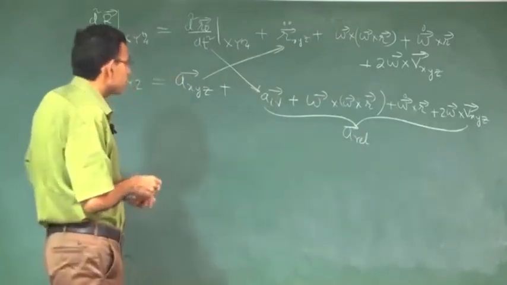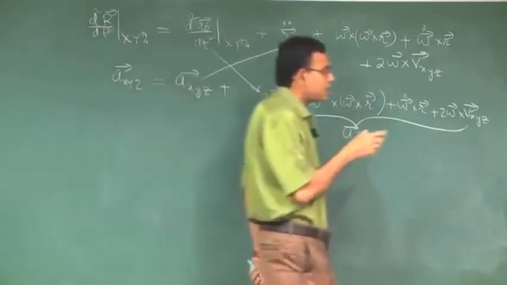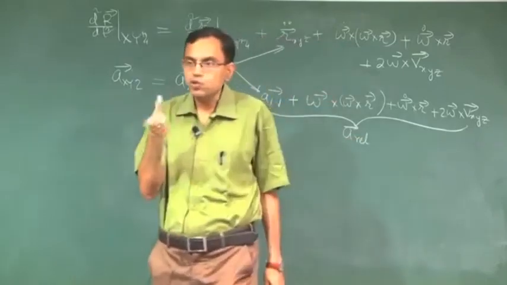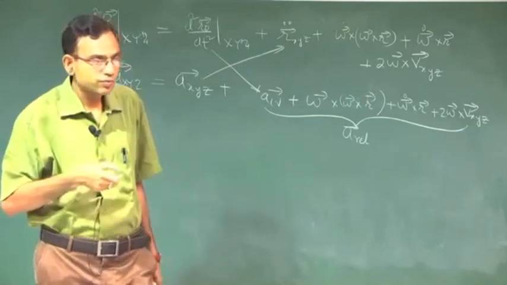Now let us say that we write the Reynolds transport theorem with respect to small xyz, which is an arbitrarily moving control volume.